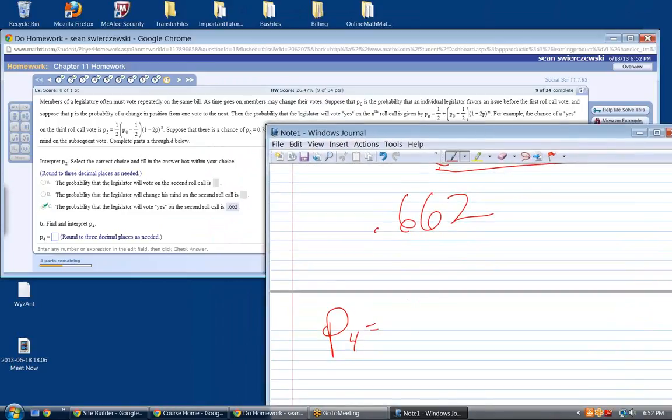So what's P sub 4? 1/2 plus 0.78 minus, or times, 0.76 if I remember right, wasn't it?